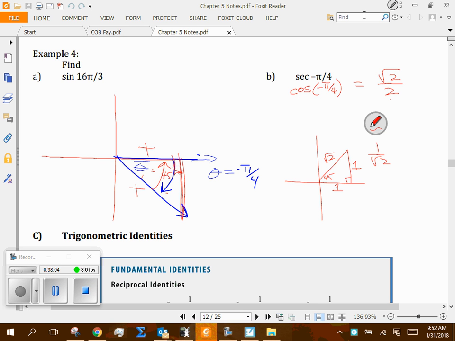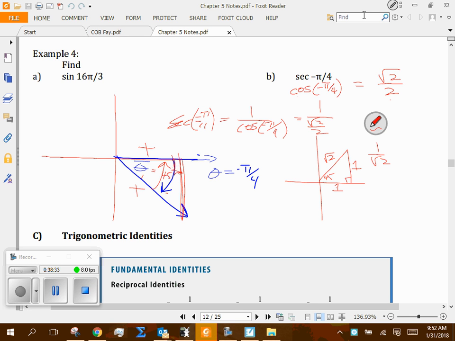No, I want a secant. So how do cosine and secant relate? Reciprocals. So 1 over cosine of negative pi over 4 is actually secant of negative pi over 4. Well, then I've got 1 divided by root 2 over 2, so you take the root 2 over 2, invert it, find its reciprocal, and multiply by the 1.